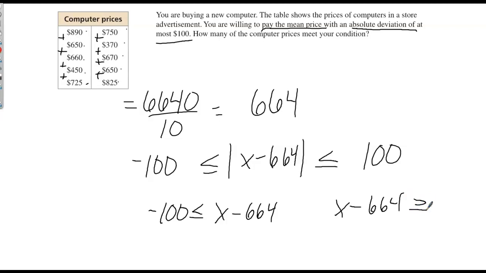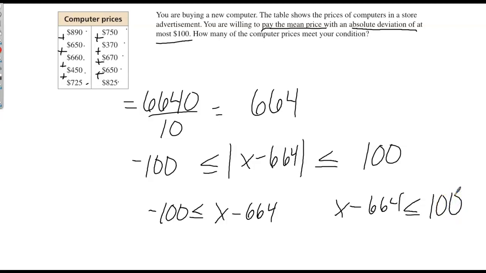Oh, I'm sorry. We don't switch the sign because the sign's already. Oh, wait, yes, we do switch the sign. Hold on. The 100 is positive in the first place, so it does stay the same. I'm sorry. There we go.